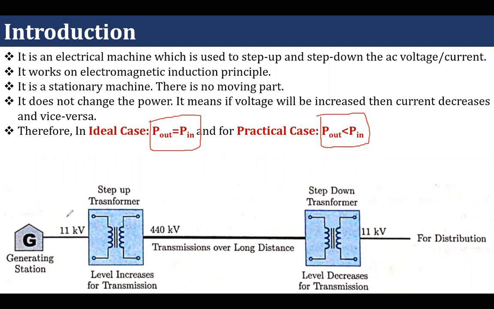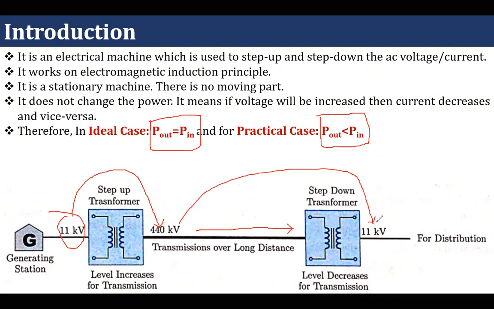So with the help of a transformer, this 11 kV voltage is transformed into 440 kV, and then it is transmitted, because once we increase the voltage, current will decrease, and so the transmission losses will decrease. And again at the distribution stage, this 440 kV voltage will be transformed into 11 kV, and then it will be distributed. At the user end, again this 11 kV will be transformed into 230 volt, which is the need of the appliances.